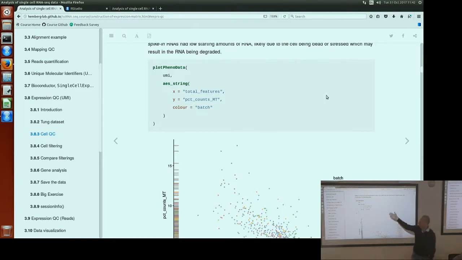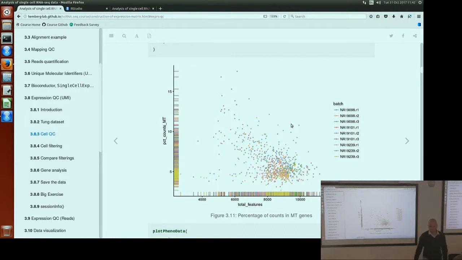And in Scatter, using this one function, you can plot a very nice plot of your data. So here we look at the mitochondrial genes. Total features means number of expressed genes in your cells. PCT counts mitochondrial means percentage of counts in mitochondrial genes.